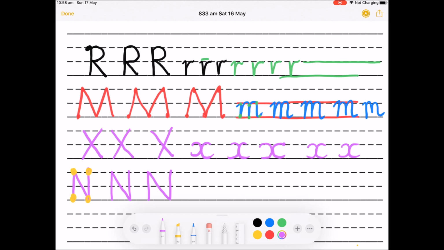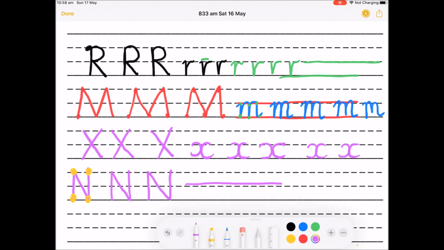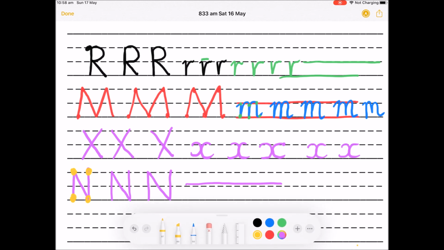Now, a lowercase n is again quite similar to a lowercase m. And like most of our lowercase letters, he only sits in that bottom line, bottom dotted third. So he starts just like an M, down, straight, back up that same line, and down. He's got his little flick. So I'm going to put a red dot where we start.